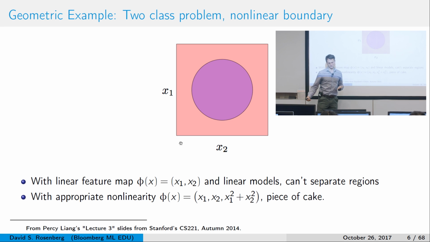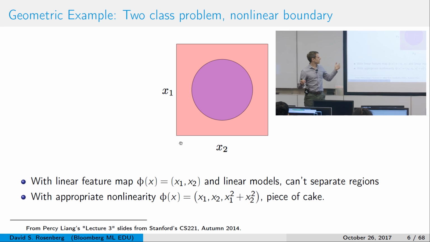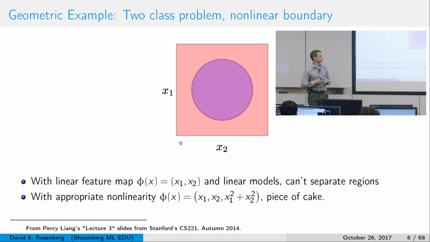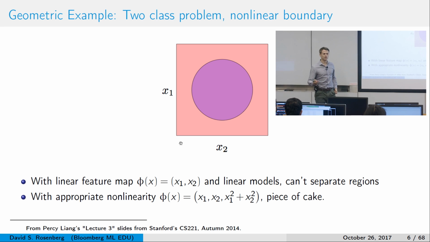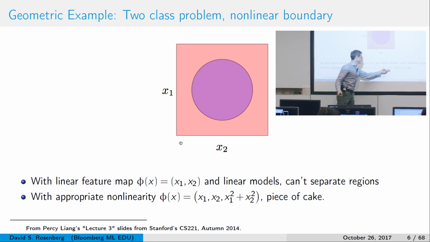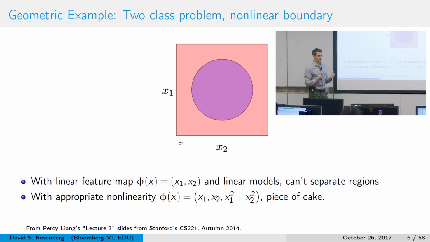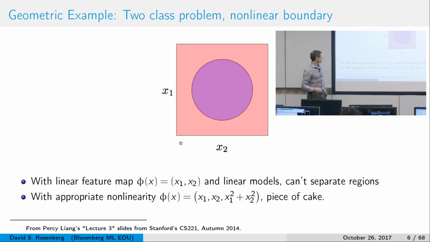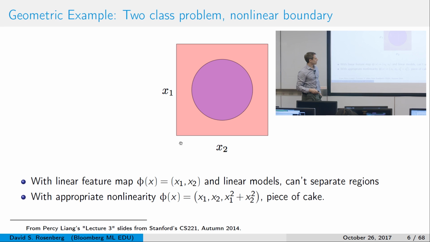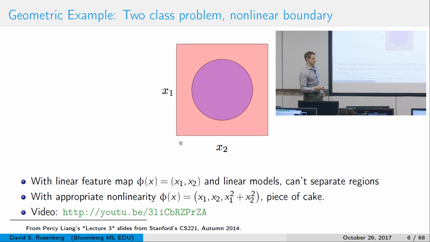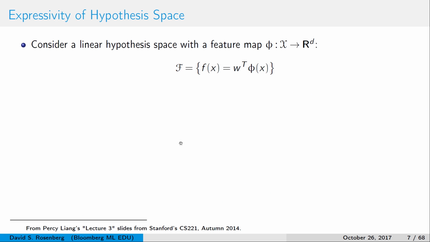And with this feature set, we can express a separator of these two regions using an affine function of this feature mapping. And we had a little video last time showing the lifting of the points in the plane to points in 3D space where you could separate with a hyperplane. OK. So the method here is we're adding the features that capture the nonlinearity that allows us to express a more complicated function in terms of an affine function of the feature space.